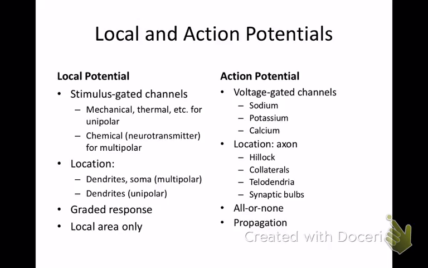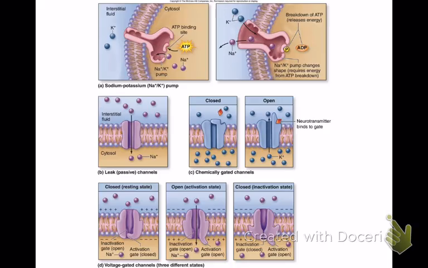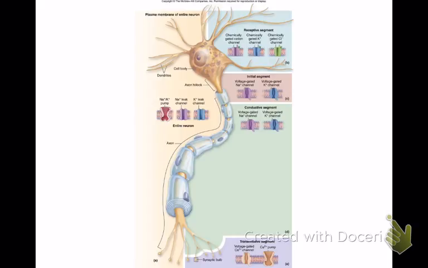This is a really important list. And if you can keep these straight along with the pictures that we drew of the multipolar and the unipolar, so that you know where to look for local potentials and where to look for action potentials, that's going to help you keep it straight. Okay, so when propagation occurs, what does that look like?